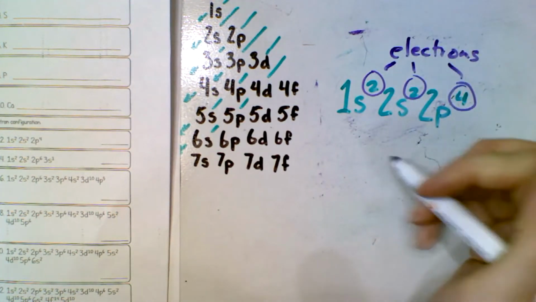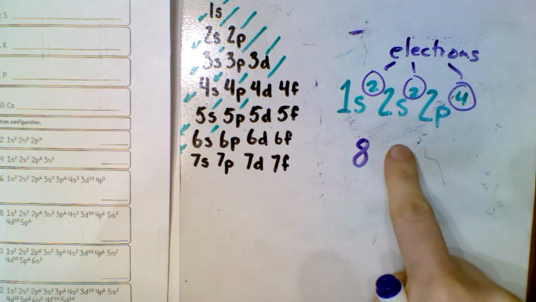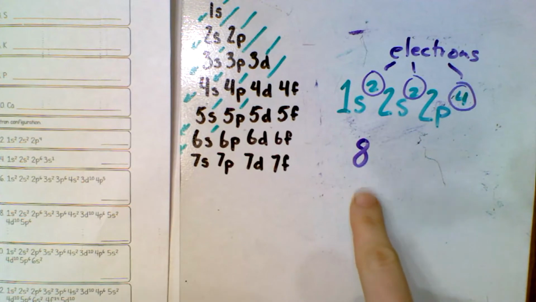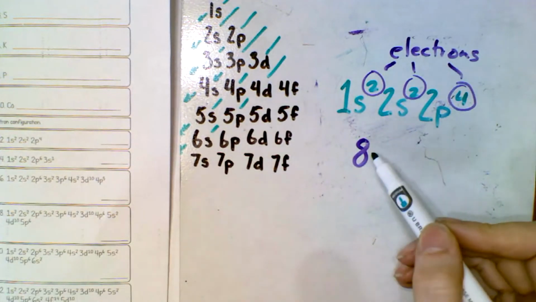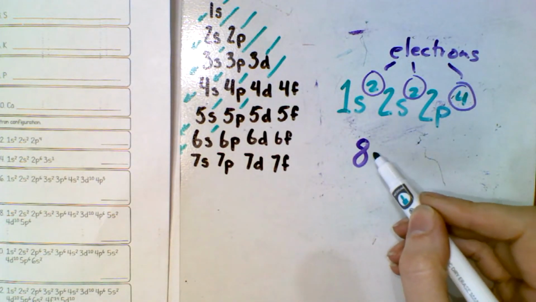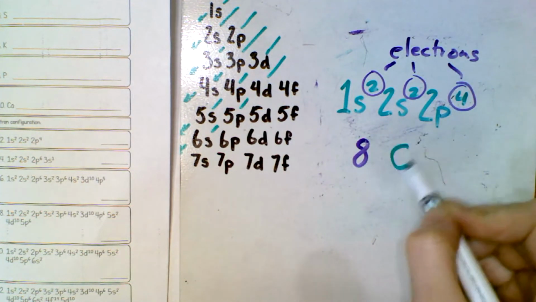So if I add those up, 2 plus 2 plus 4, I know that this atom has 8 electrons. Like I said, unless stated otherwise, we're going to assume that it is a neutral atom. When I look at my periodic table of elements, I know that my atom with 8 protons, therefore 8 electrons, is going to be oxygen.